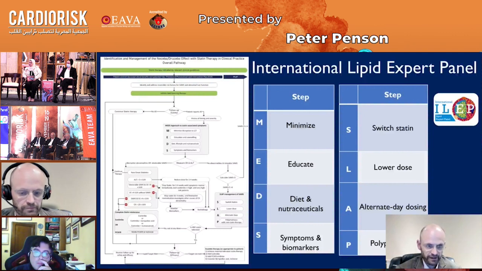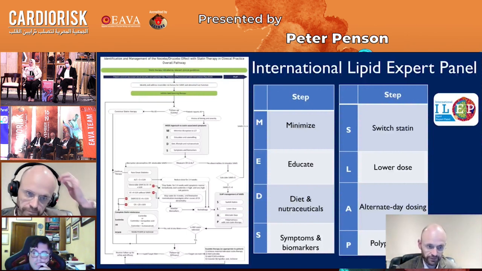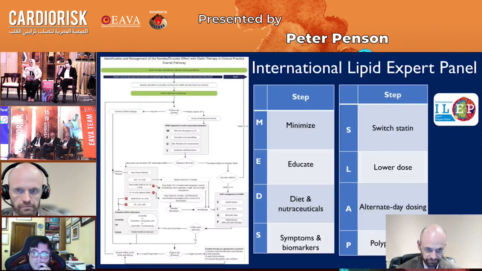If the side effects are less severe, or if the biomarker abnormalities are less severe, we might reduce the dose of statins and re-challenge with a statin after a period of time, potentially a different statin.